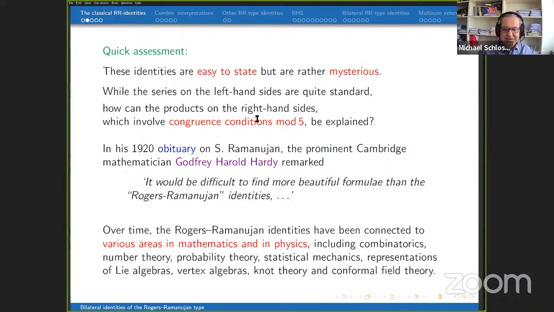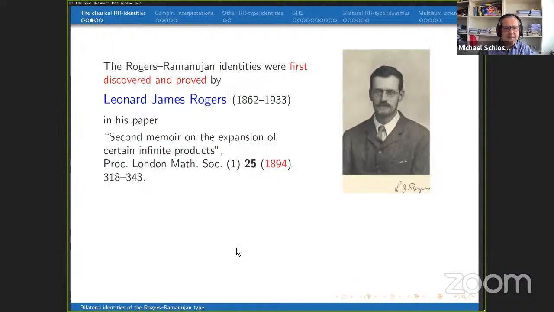I will only indicate a little bit the combinatorial and number theoretical significance, which you will see soon.